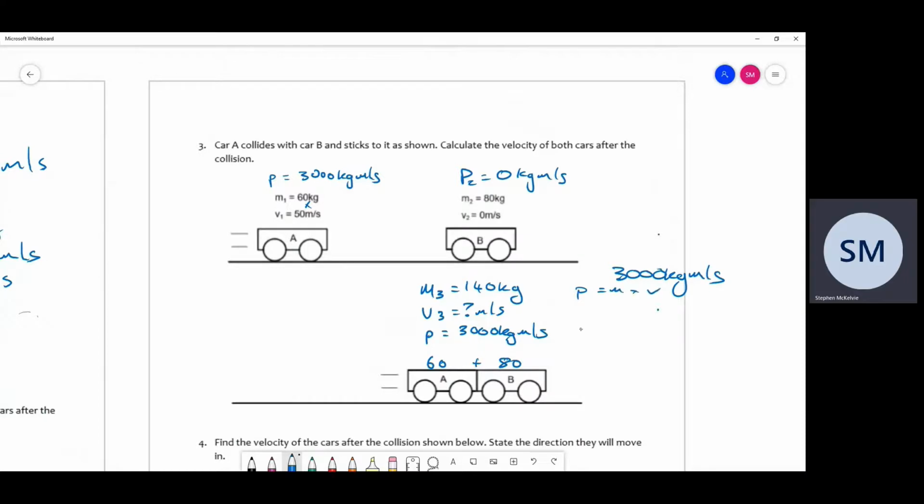Momentum is mass times velocity. Velocity is momentum divided by mass. Velocity is 3,000 divided by 140. 21.43 meters per second.